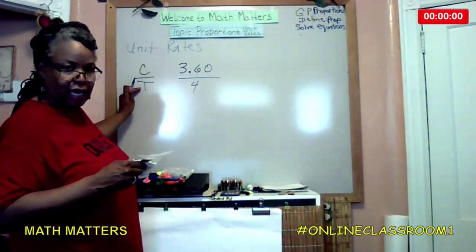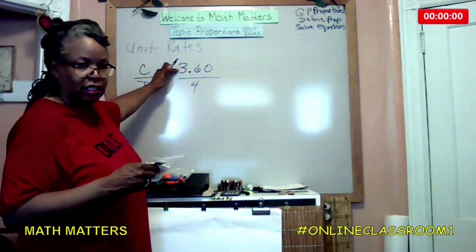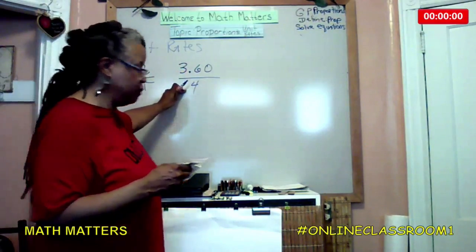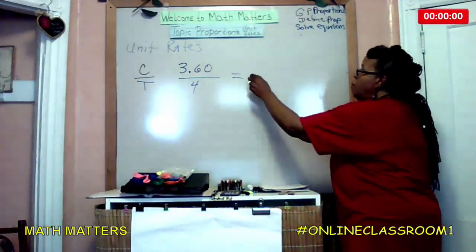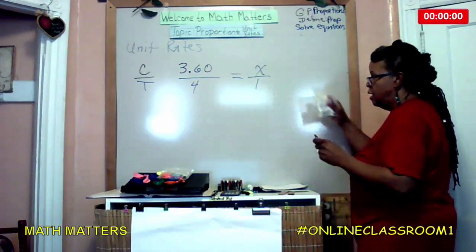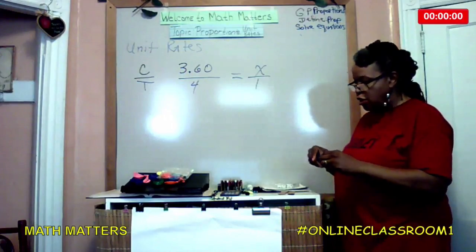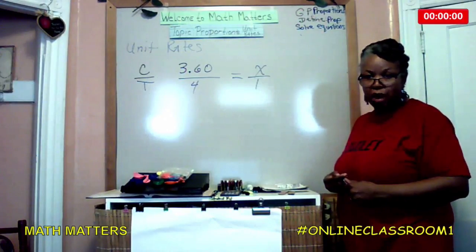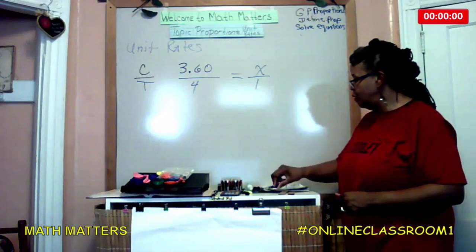That'll be cost to tapes. $3.60 for 4 measuring tapes. How much does 1 measuring tape cost? Cost to 1 measuring tape. You work it out. We'll be right back to see how well you've done. Okay? Work it out.